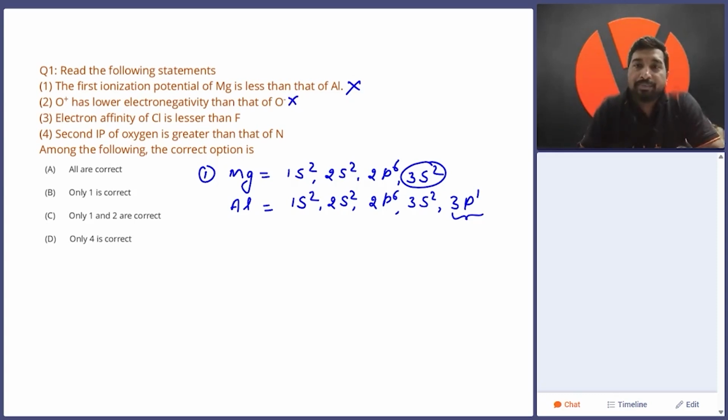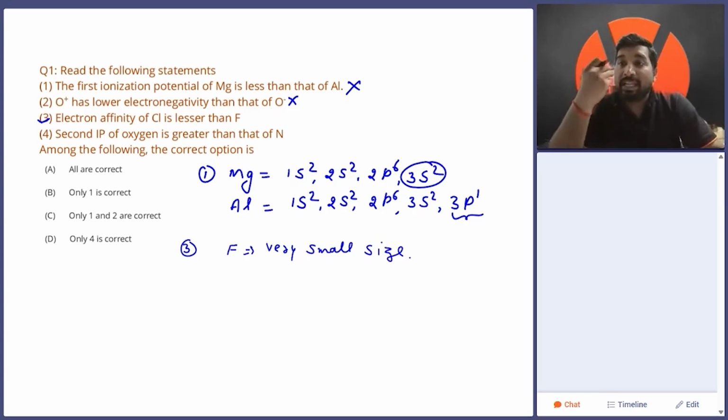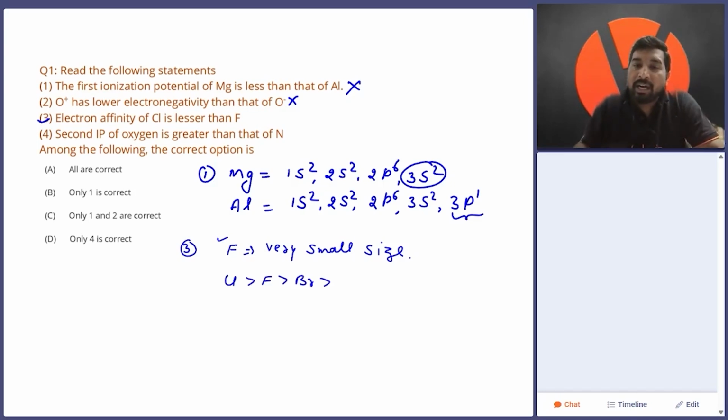If I'm talking about the third one, electron affinity of chlorine is lesser than fluorine. As you know, fluorine is very small in size. Due to the small size, when we add an electron, the amount of energy released is lesser in the case of fluorine as compared to chlorine. Hence the order of electron affinity is chlorine, then fluorine, then bromine, then iodine.